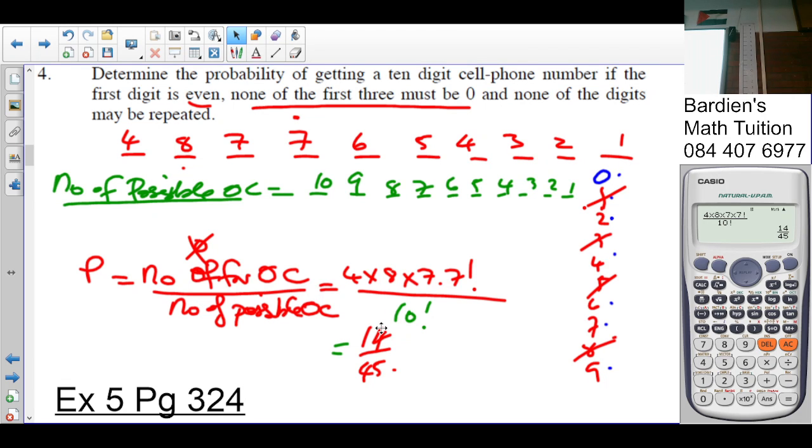If I had set this question, I would have first said that the digits may not be repeated, and I would have given the condition. Then I would have known that for the number of possible outcomes, the numbers are also not repeated.